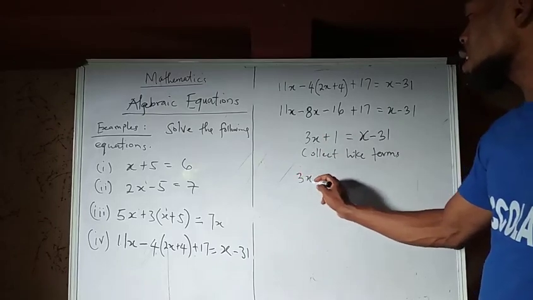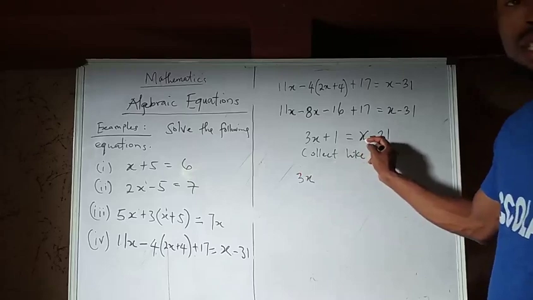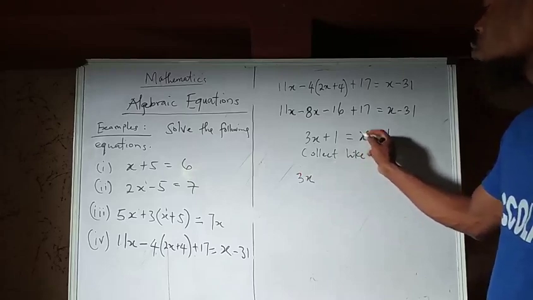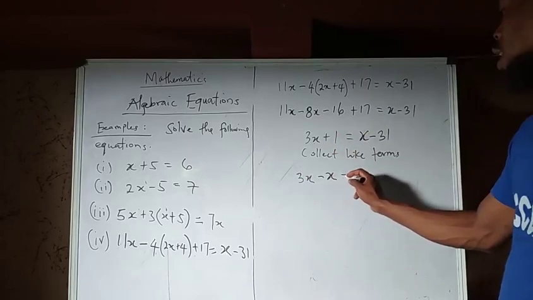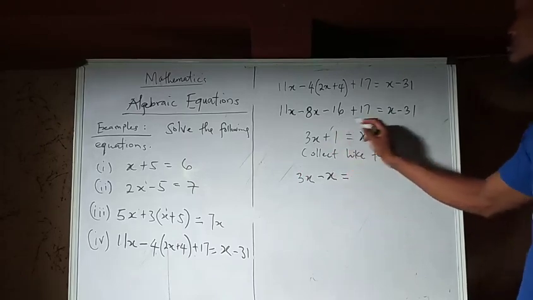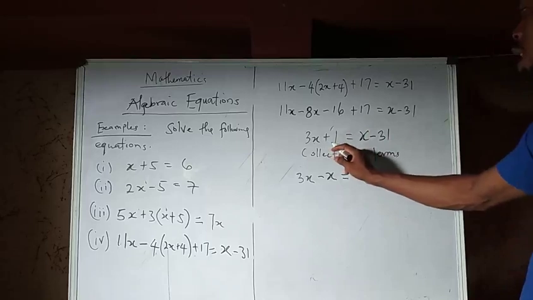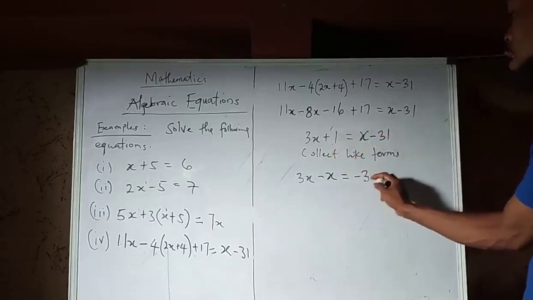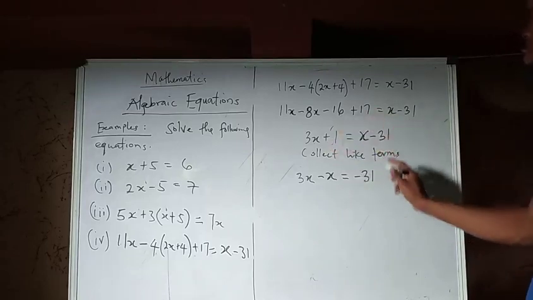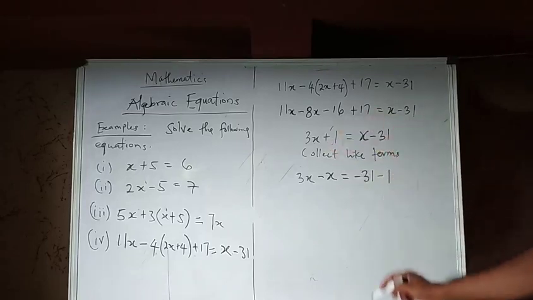So this will become 3x. When this x here, which is positive, moves across the equality sign, it is going to be negative x, right? Then equals, this guy is positive here. It moves to meet this guy, and remember what we have here is minus 31. So 1 coming to meet it becomes minus 1.